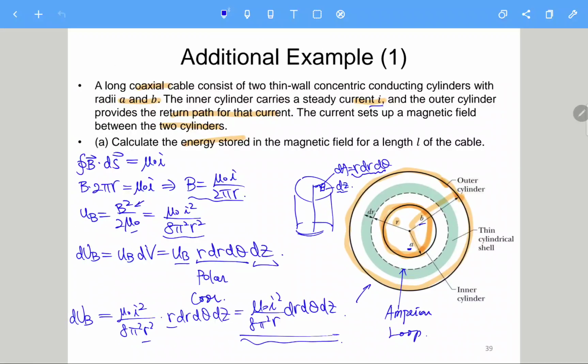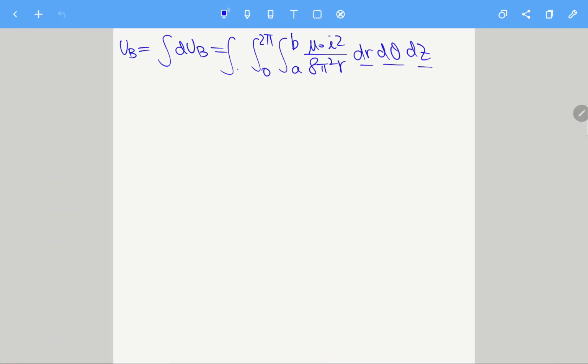And for dz, the length of this structure is small l, so you integrate from 0 to small l. And actually, this expression can be separated for different variables.